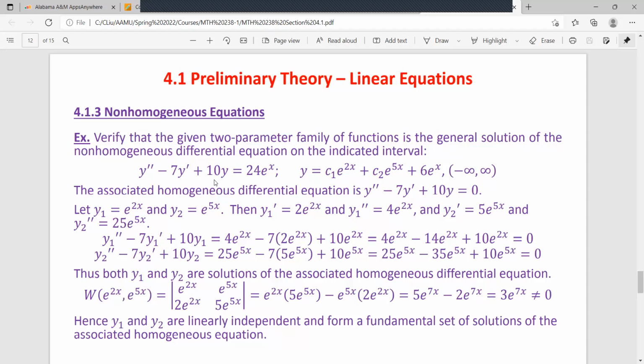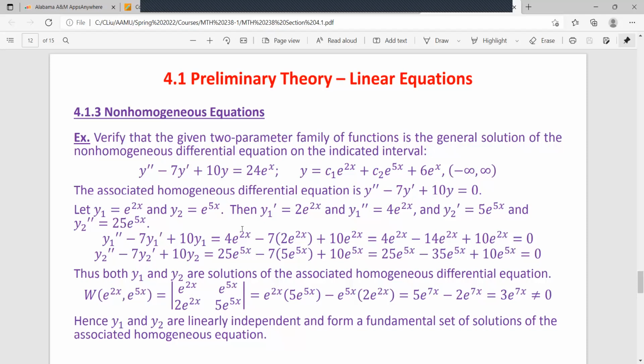So what we need to do here is also two parts. We need to verify c1 e to the 2x plus c2 e to the 5x is indeed the general solution for the homogeneous differential equation. And part two, we need to verify 6e to the x is indeed one solution to the non-homogeneous equation.